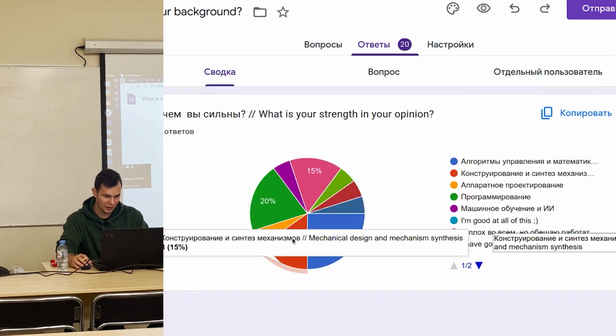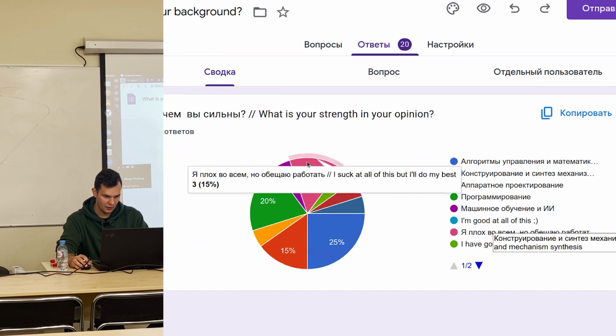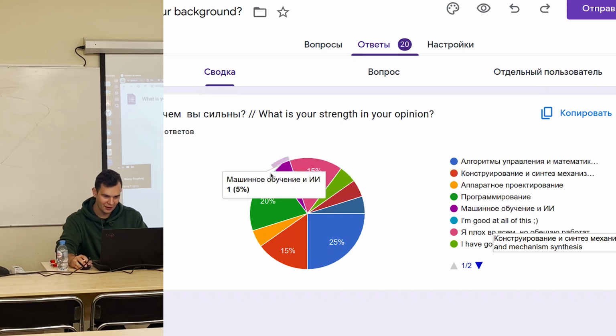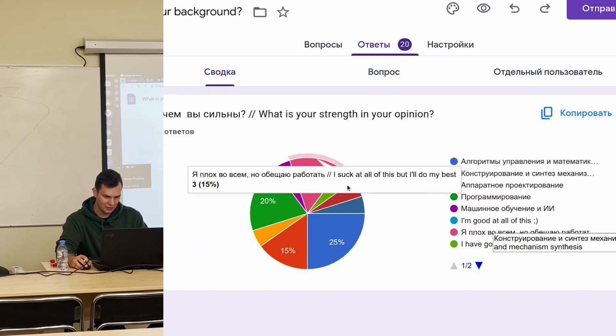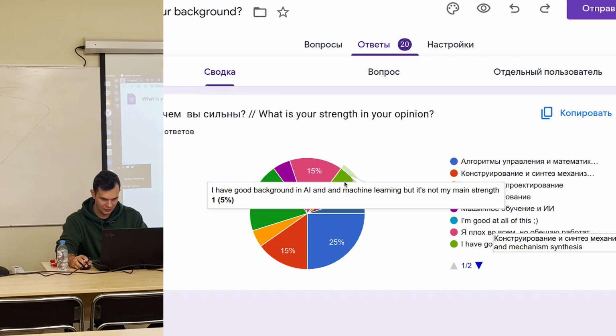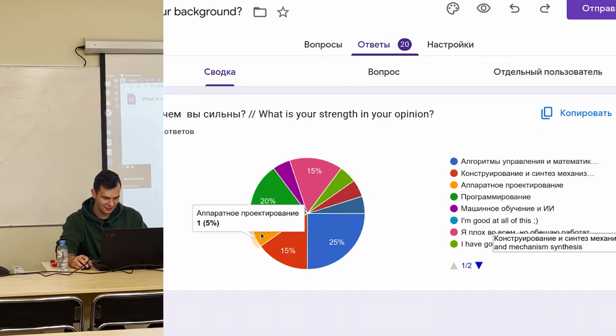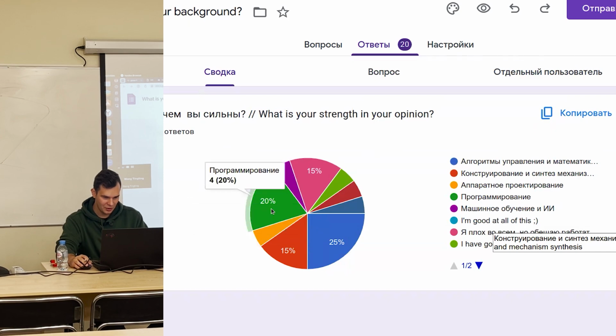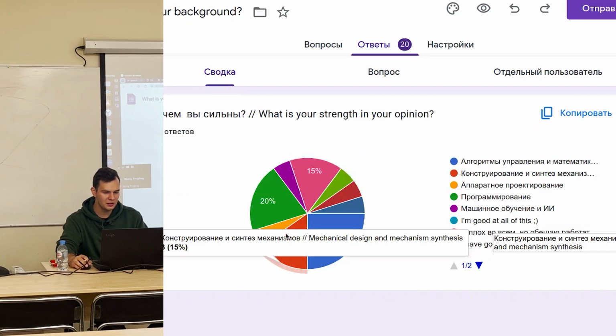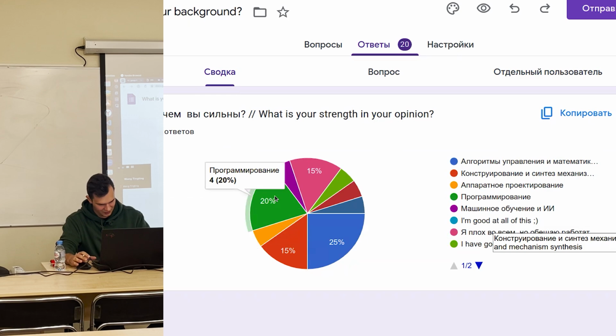Then programming and design, CAD design, mechanical design. 15% none of this. A little bit of machine learning, one person. But still you can see that the background of most of you is different.